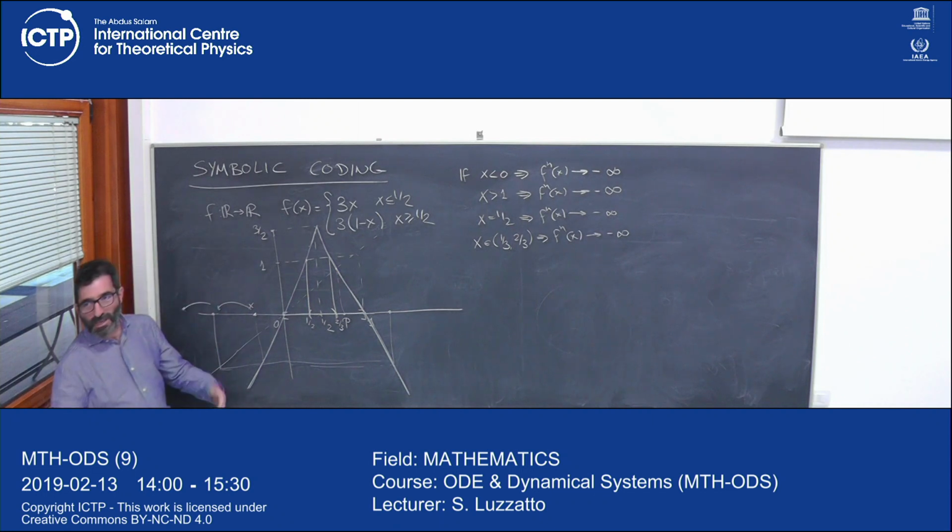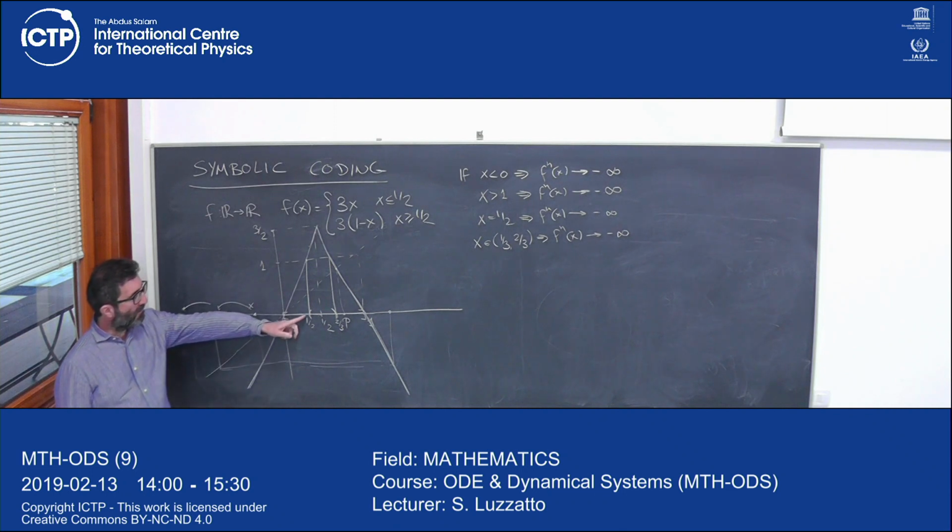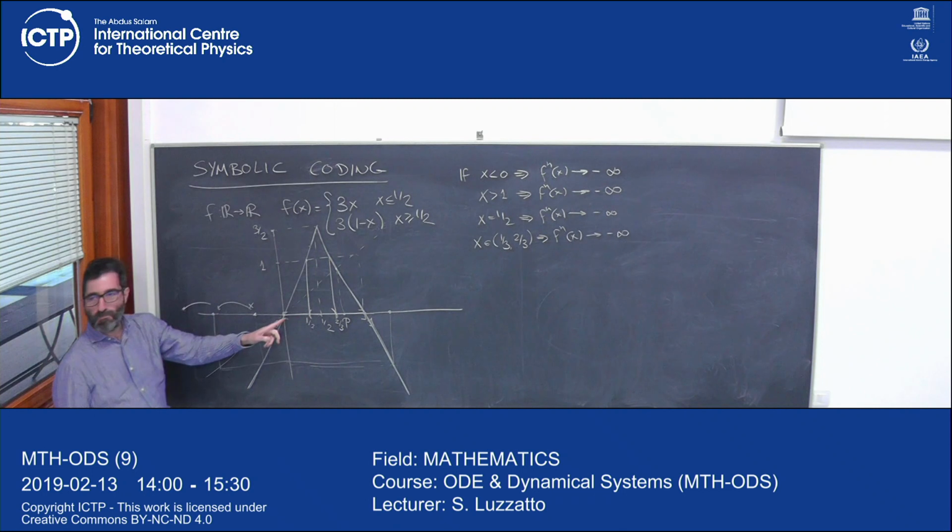Are there any other points that escape to infinity? Like, there's a lot of escaping going on. What about these points here? Actually, I think there is, for example, the interval from 1/9 to 2/9, whose image is inside of (1/3, 2/3), and again.